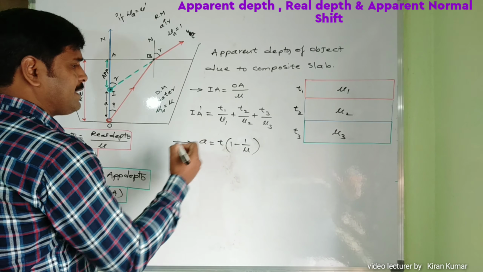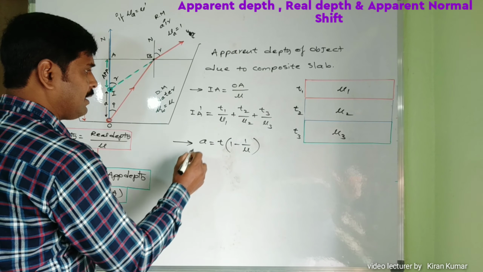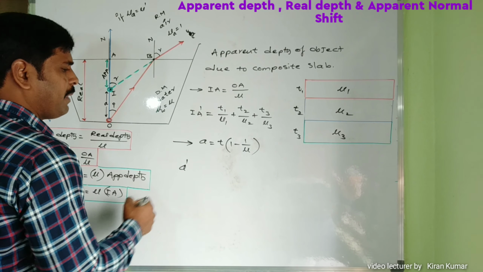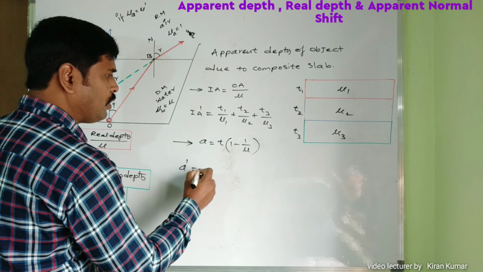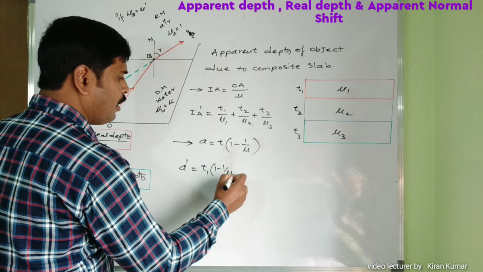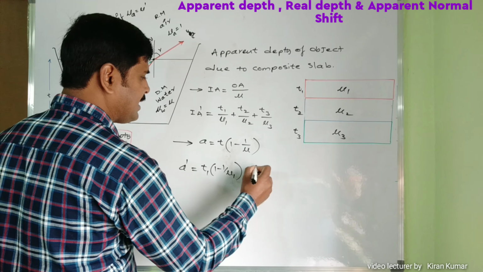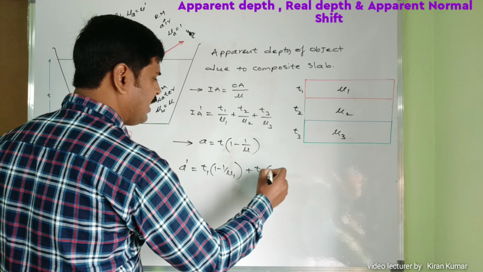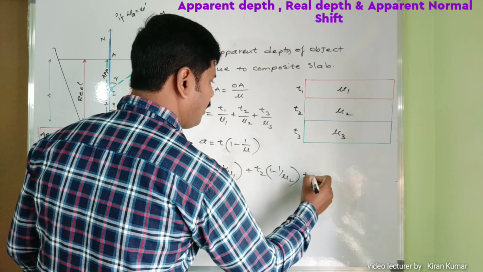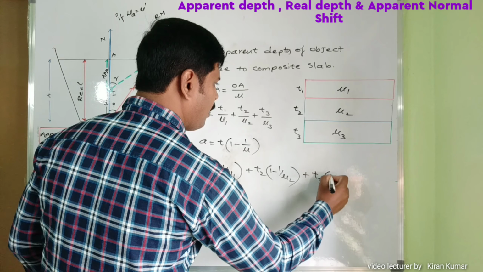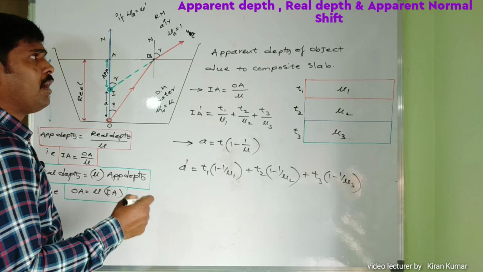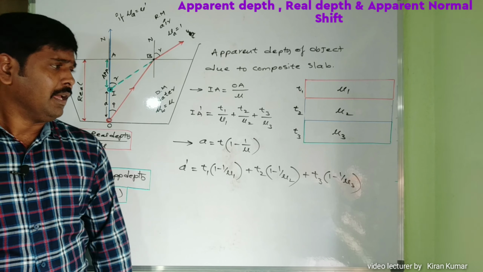Now, based on that, the apparent normal shift of the composite slab is A dash, which is equal to T1 times 1 minus 1 by mu1, plus T2 times 1 minus 1 by mu2, plus T3 times 1 minus 1 by mu3. This is the apparent normal shift.